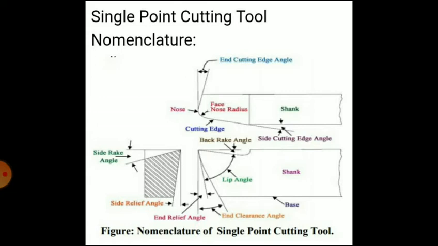And in the side view you can see the side rake angle and side relief angle. So these are the different angles that are provided to the single point cutting tool. The nomenclature of a single point cutting tool means the information of various elements and the angles of the single point cutting tool.